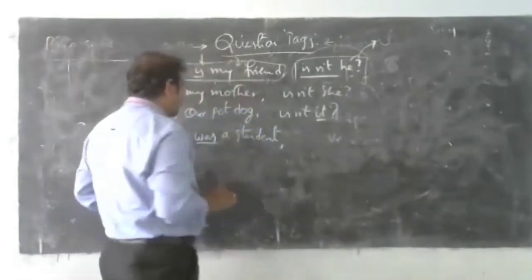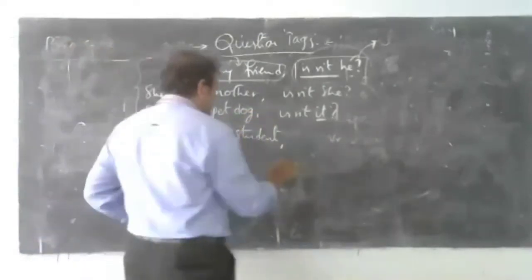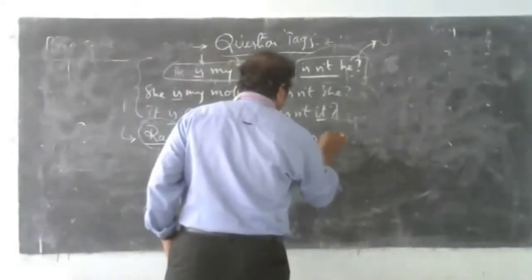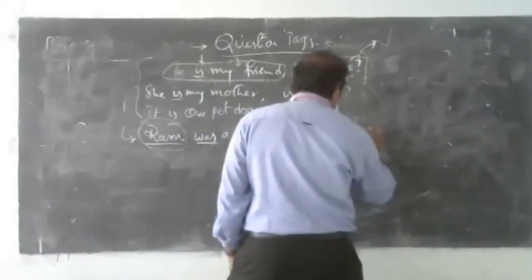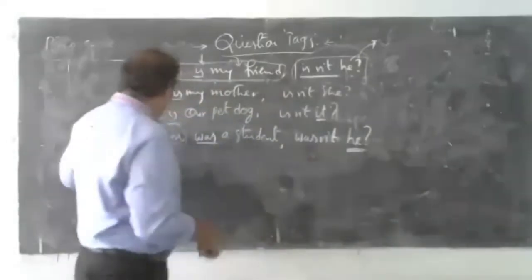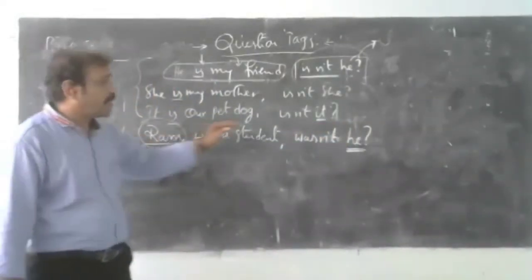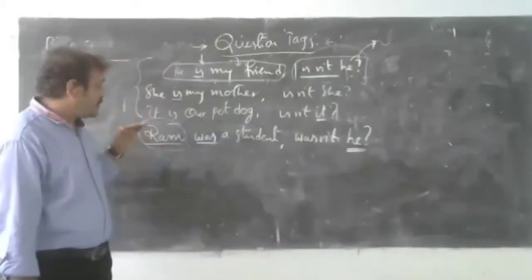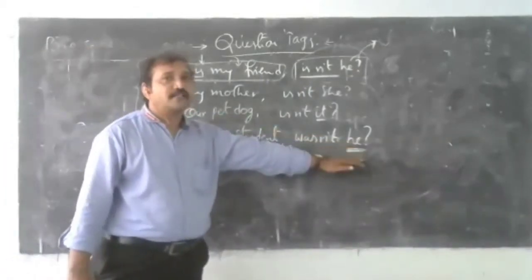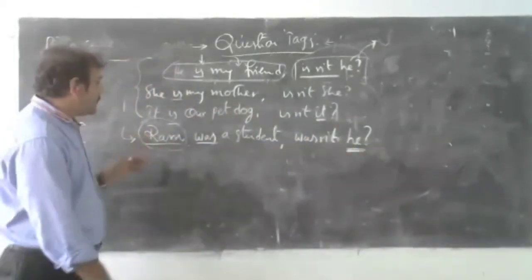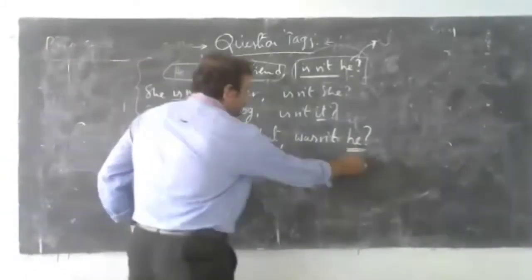So obviously you take the auxiliary verb in order to make the question tag. Was it he? Understand? You need not use the same noun here. You have to use its pronoun. Ram is a masculine gender noun, so he can be used for that noun. If you take Sita, you need to write here, wasn't she.